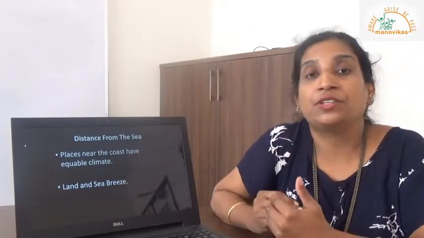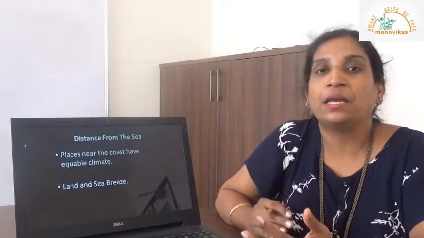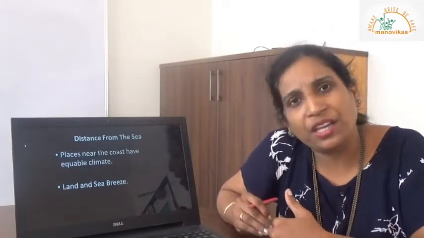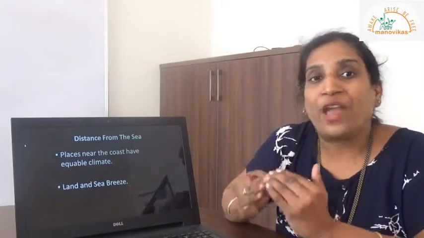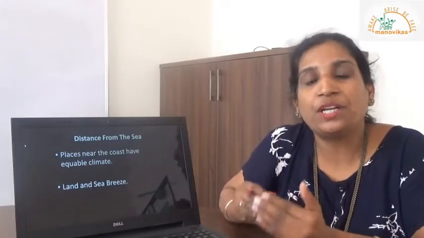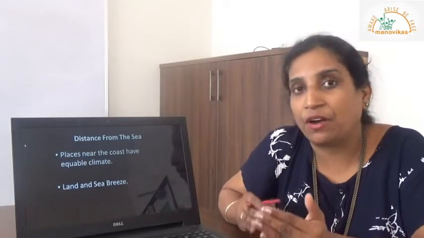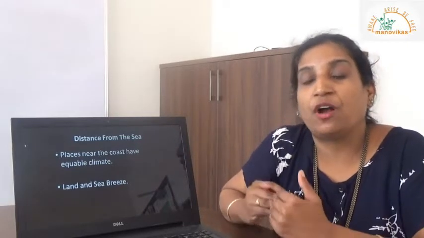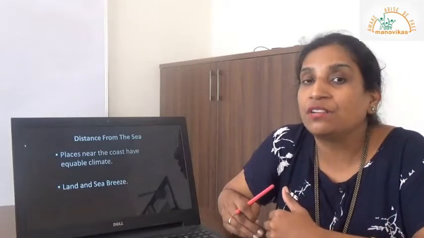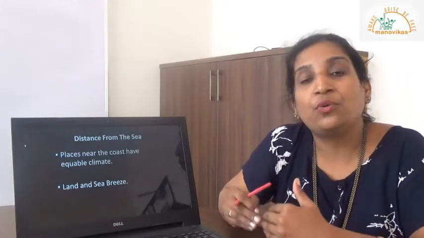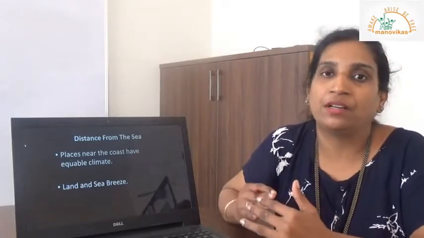Here the temperature during the daytime is very high, but night time it's going to be very cool. This is called extreme climate. So where you stay also determines the climate of that particular place. If you are away from the sea, climate is going to be different. If you are along the coastal region, even in the summer season, you have an equable type of climate.